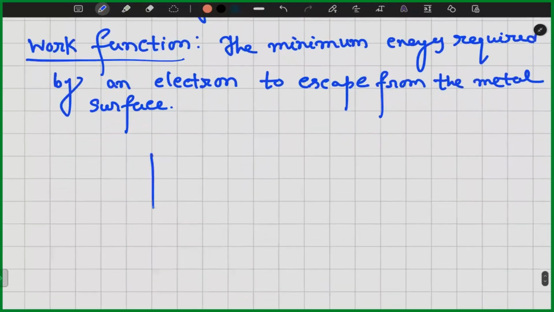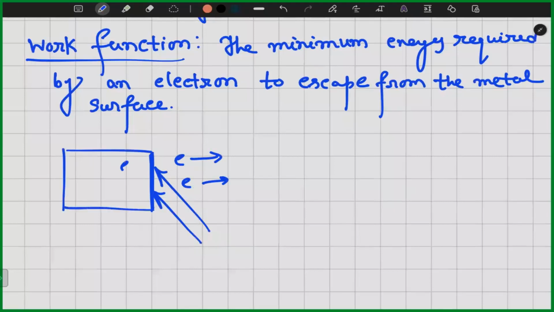That means this is the metal plate, light is irradiated here, and from here electron is emitting. But in metal, if we zoom in, the electrons are here. So when we irradiate the light, the electron is emitted. That means some electron is bound to that metal. So we should give some amount of energy so that it can escape from that metal.